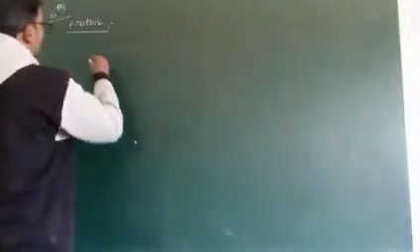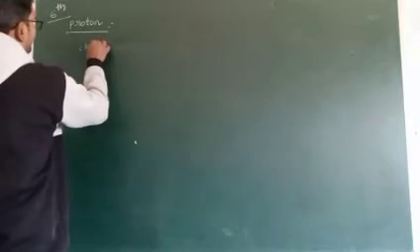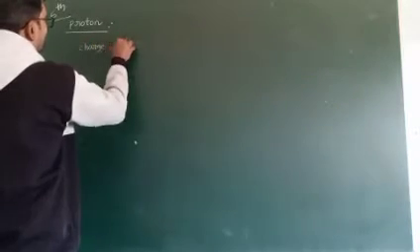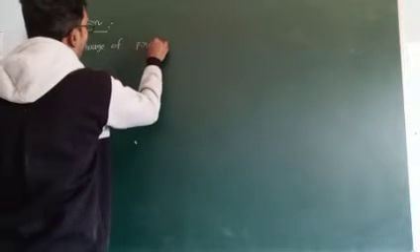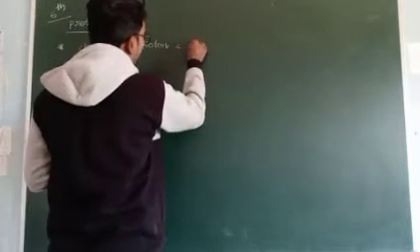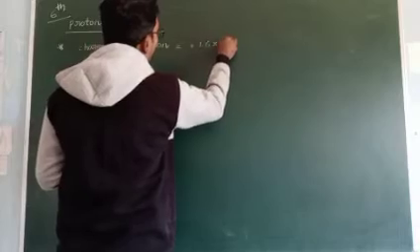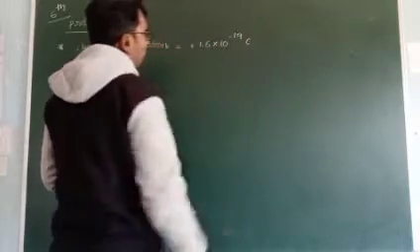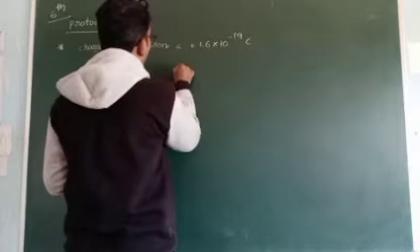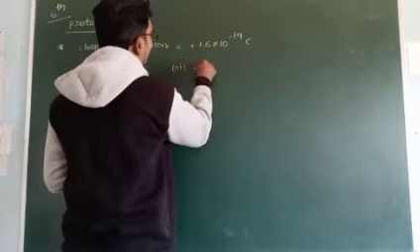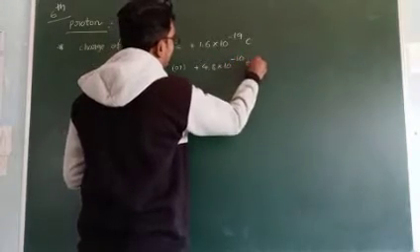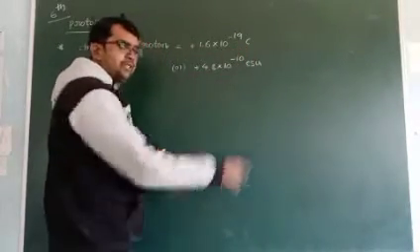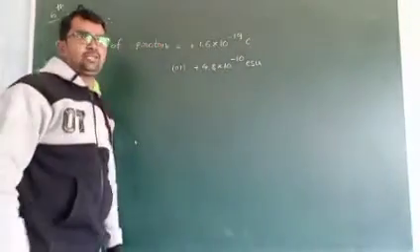So simply, charge of proton is equal to plus 1.6 into 10 to the power of minus 19 coulombs or plus 4.8 into 10 to the power of minus 10 ESU. C means coulombs, ESU means electrostatic unit.